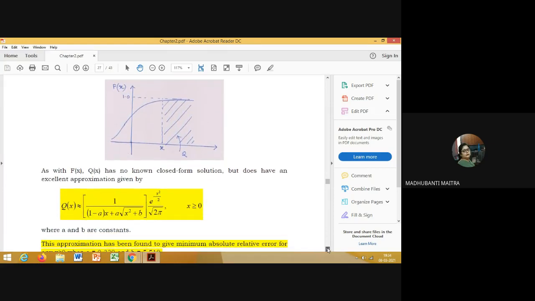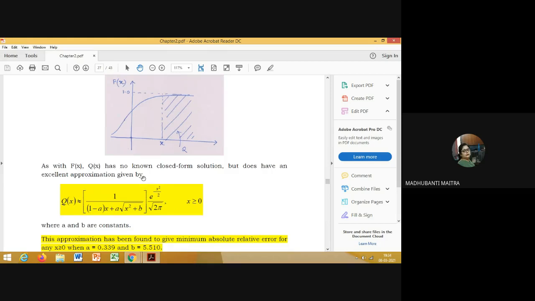Now, just like Fx, Qx also doesn't have any closed form solution, but does have an excellent approximation given by Qx is equal to, you can see this expression. Within the third bracket, we have terms like this: 1 divided by 1 minus a into x plus a into square root of x square plus b, whole multiplied by e to the power minus x square by 2 divided by root 2 pi, when x is greater than or equal to 0.